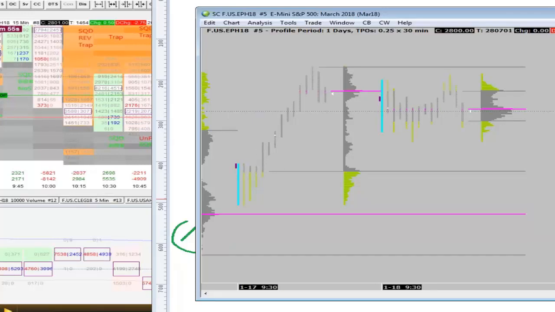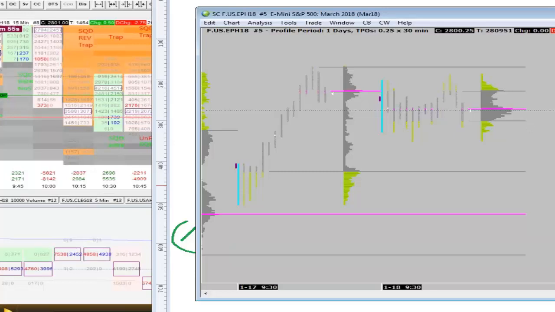It's accepting these higher prices. So for tomorrow, I can now say, I'm interested in a long. I can now, because see how thin the volume is from yesterday? There's not a lot of value there. There's no value. Today now, I have value.